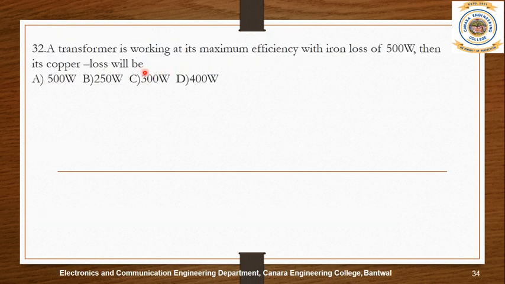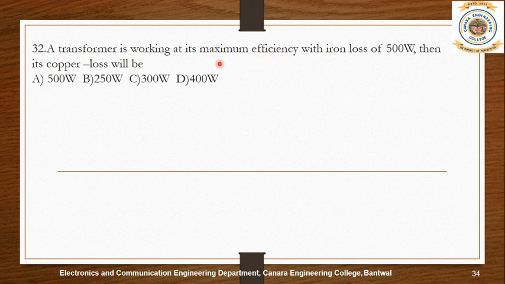Next, a transformer is working at its maximum efficiency with iron loss 500 watts. Then its copper loss will be? So here it is given the transformer is working at maximum efficiency. What is the condition for maximum efficiency?